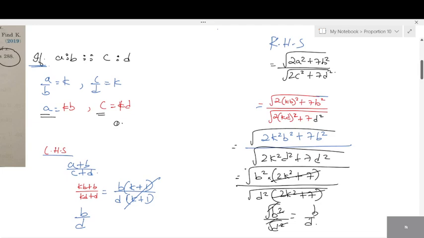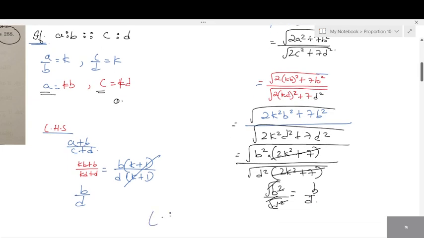All the tough concepts, the basics, were in 9th. In 10th, you're just going to apply the concept. So keep trying till the last. You'll get this b divided by d. Left hand side is equal to right hand side. LHS equals RHS.